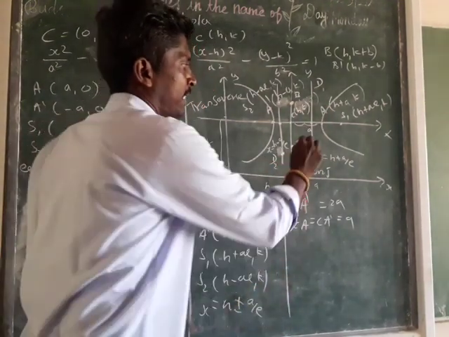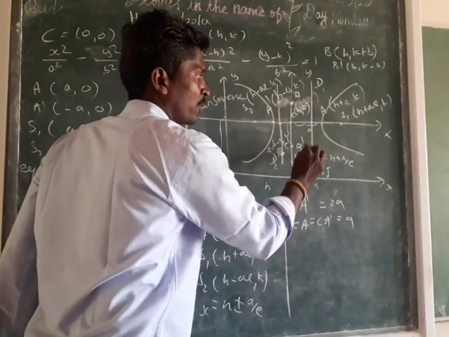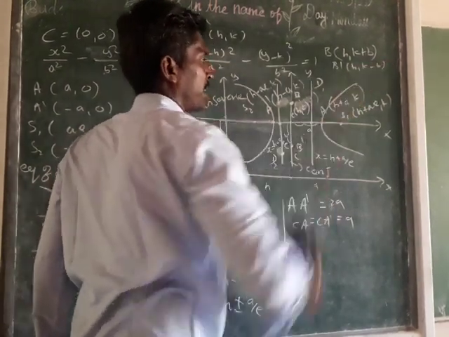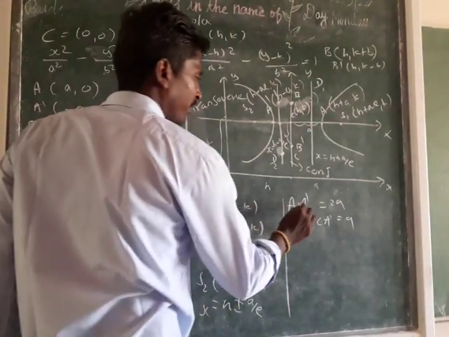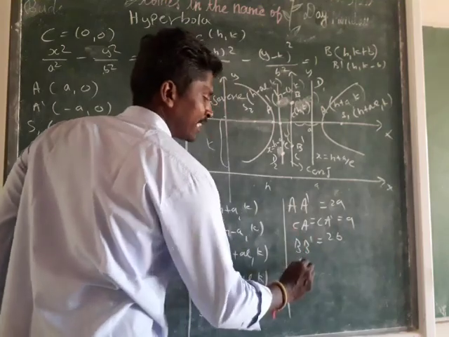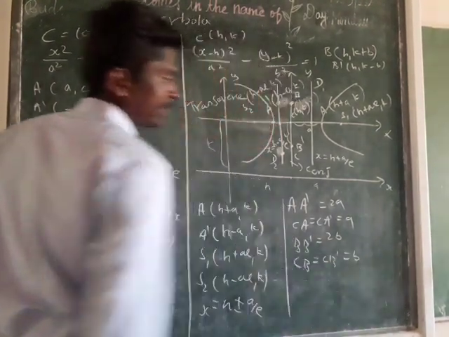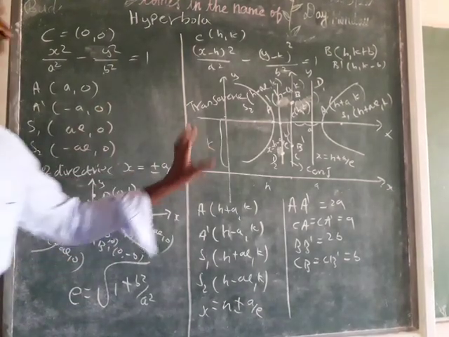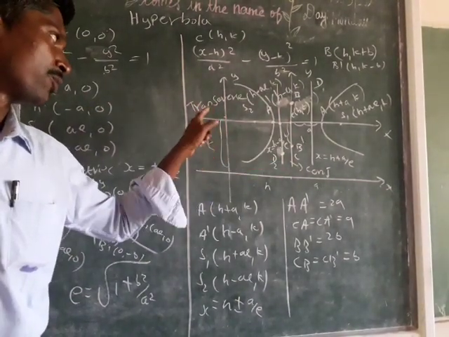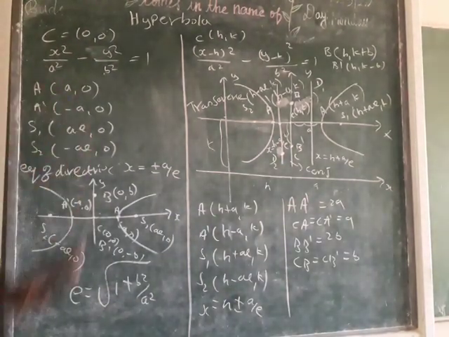Then B dash: up to here k, we want to reduce by b here, so h comma k minus b. The length B B dash is 2b, and the distance between the center and B dash equals b. So instead of using major axis, use the word transverse axis, and instead of minor axis use the word conjugate axis. Remaining things are the same.